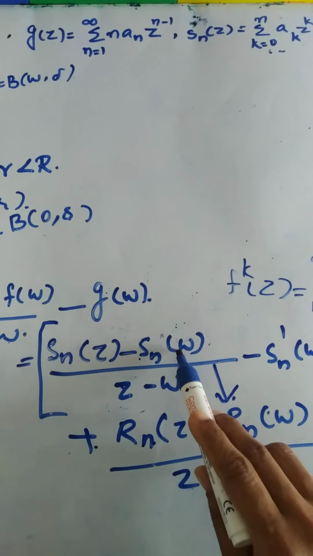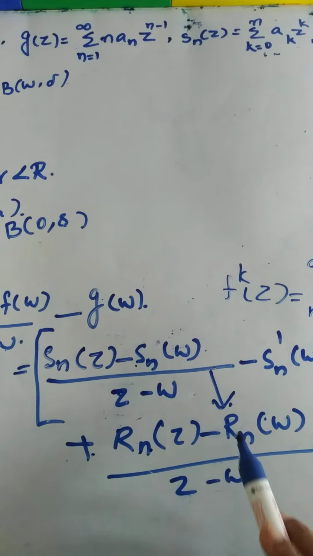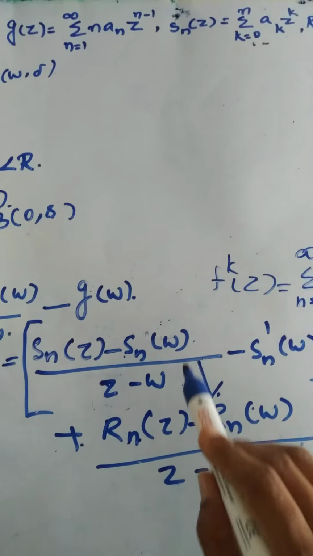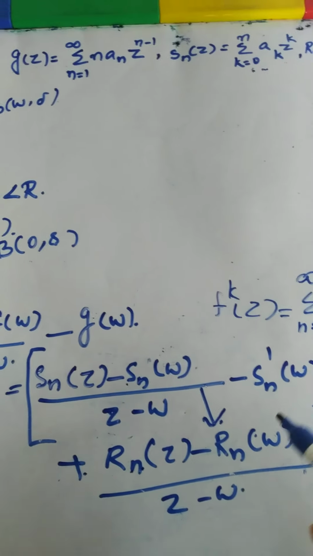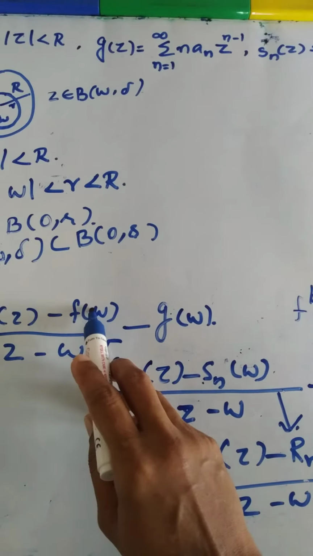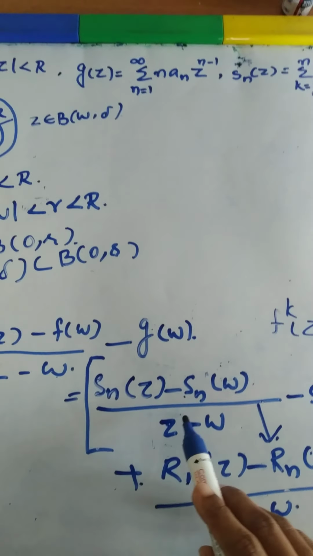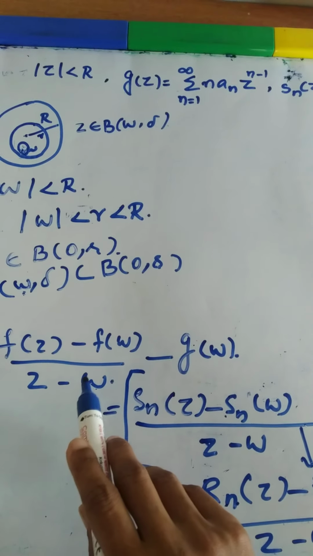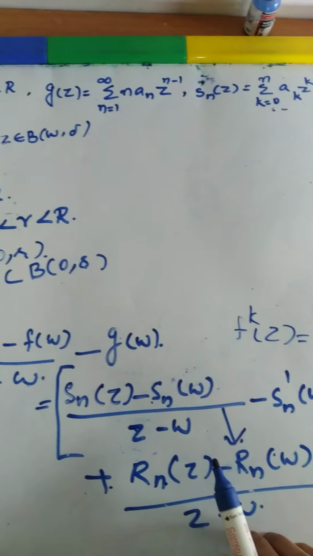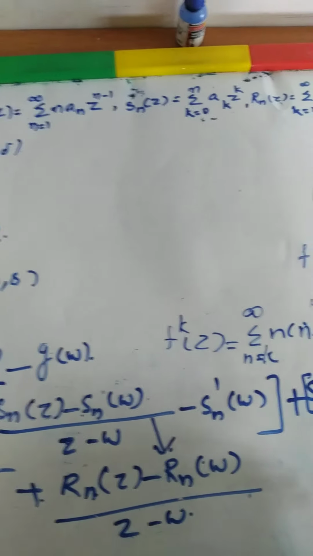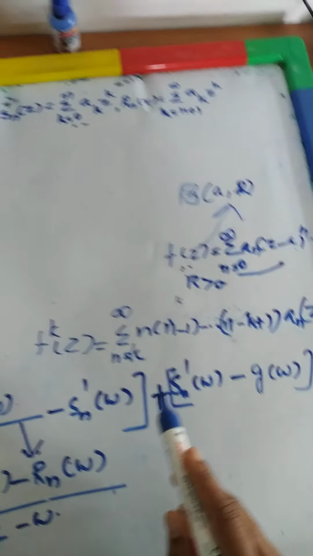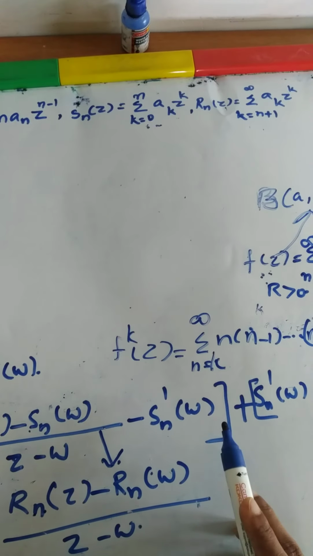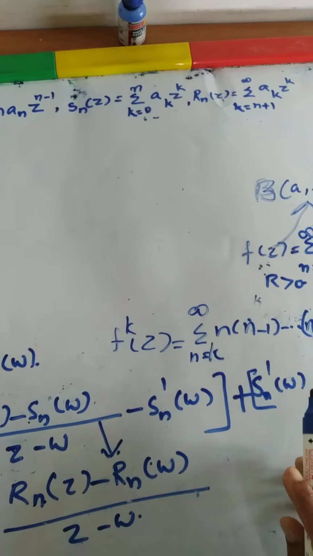Now you combine Sn of w, taking the minus outside. The denominator is the same. Sn of w plus Rn of w, by a similar argument, you can show that this is equal to f of w. So when we combine these two, we got this term, f of z minus f of w divided by z minus w. Is that clear? Now g of w is there, and one extra term Sn dash of w; you add and subtract that term, so it will get cancelled.